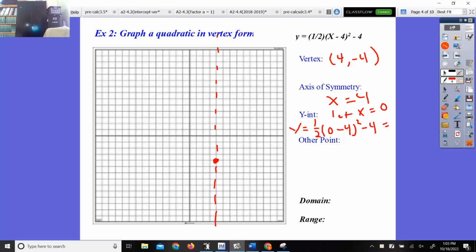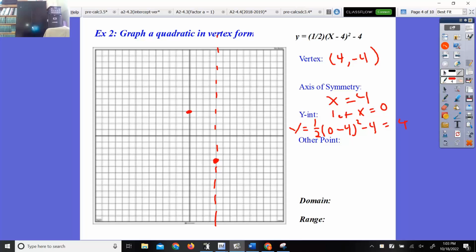And hopefully we'll get something back. It is 4. 0, 4 is my y-intercept. It's right there. It's 4 units left.